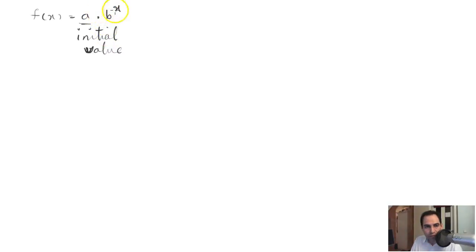This is also your y-intercept. So this is your initial value or the y-intercept of the graph of the function. B, on the other hand, is your growth factor.